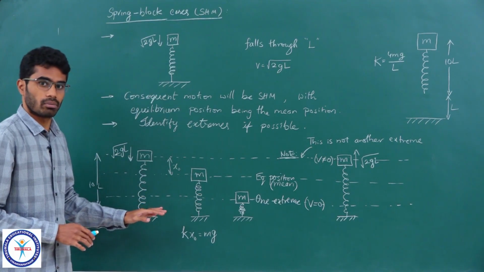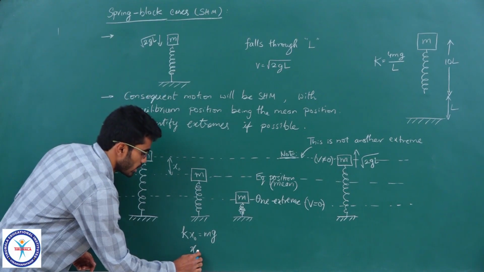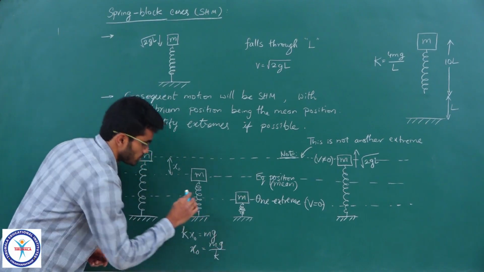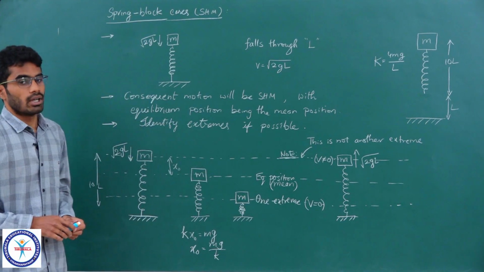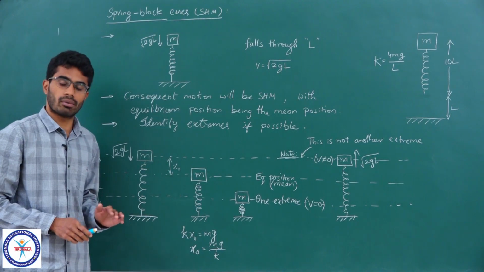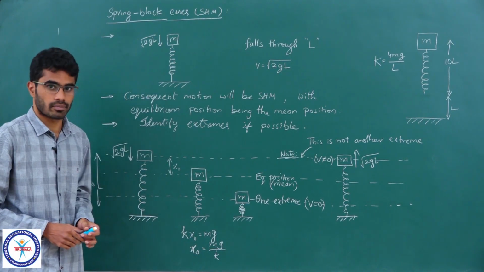It will be the equilibrium position, the net force will be 0. So, the compressed length will be x naught given by mg by k. Whenever it performs oscillations, the system will always perform oscillations about such an equilibrium position. So, that will act as the mean position.